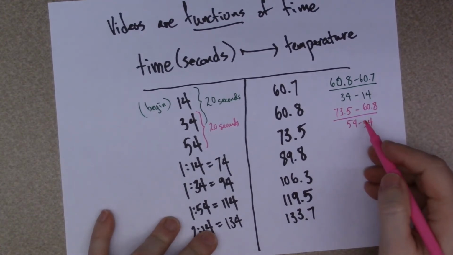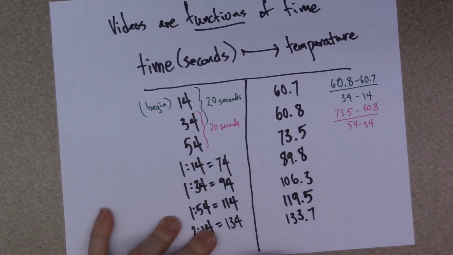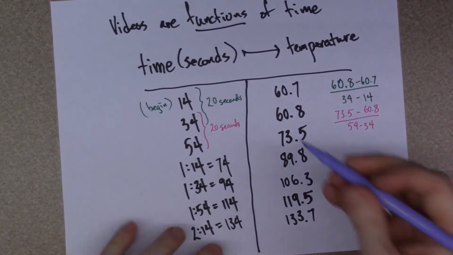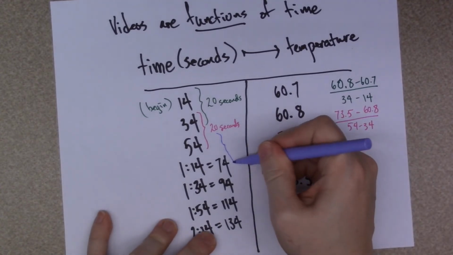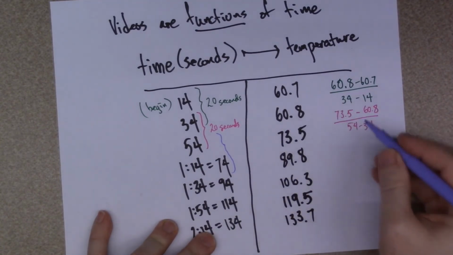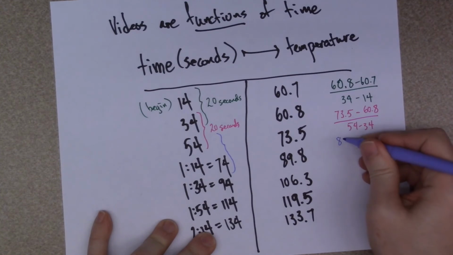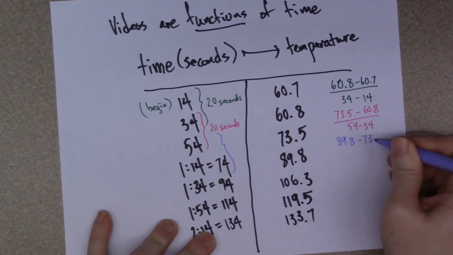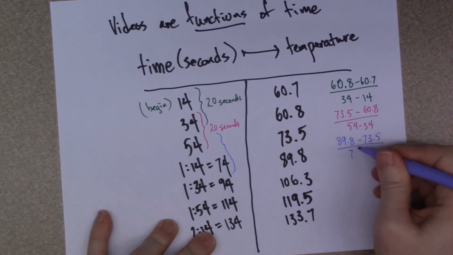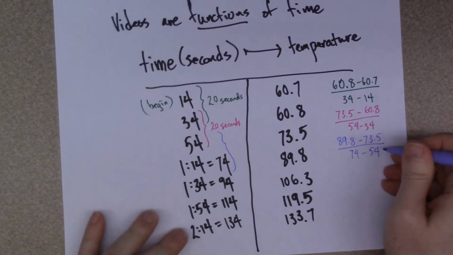And I can compute these numbers to see how much it changed. And I'll do one more example. We'll pull out a computer in a second here. But going from 50 to 74, we ended up at 89.8 minus 73.5. And again, that was over the interval ending at 74, starting at 54 seconds.